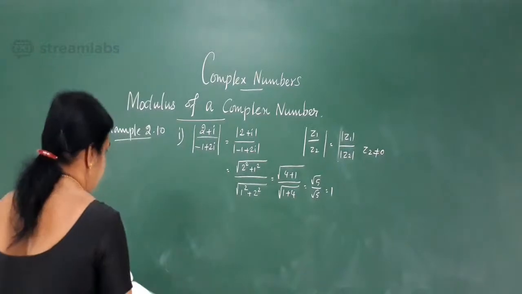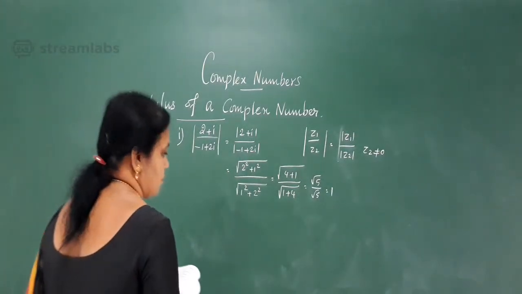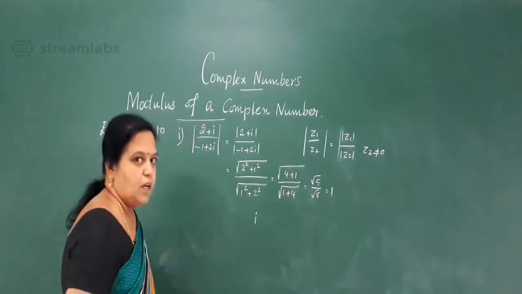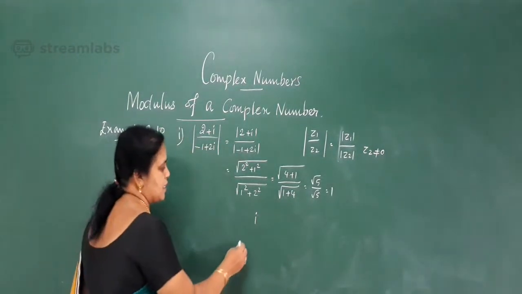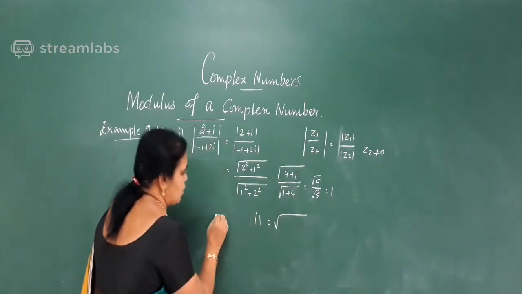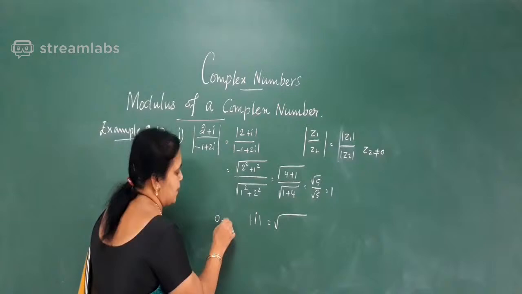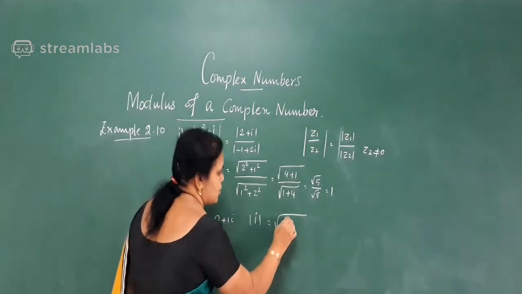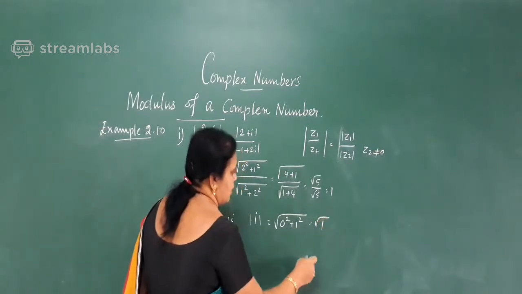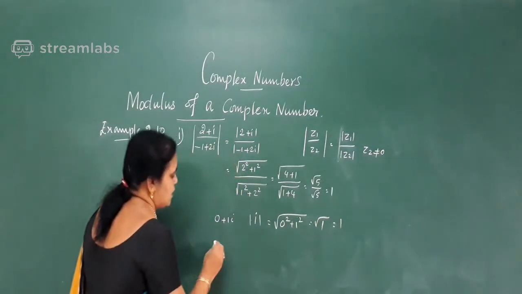Next one, suppose if you are getting only i, how can we find this modulus? This is i. We have to find the modulus, so here there is no real part: 0 plus 1i. So 0 square plus 1 square, root of 1. So the value is 1.